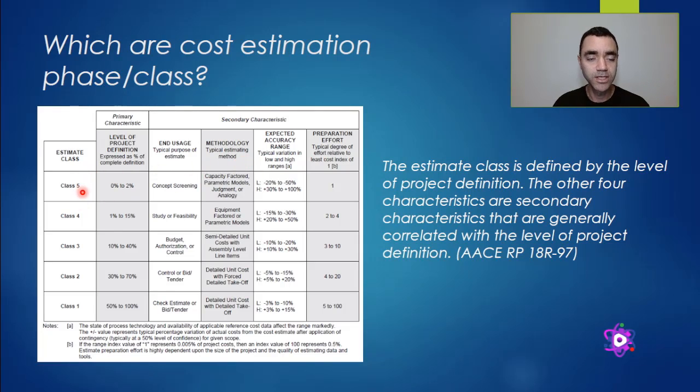So if I consider that I am in the concept screening, not too much of the project is defined. In fact, eventually there is no project yet, it's just verifications and studies. The amount of money expended can vary from minus 50% of the cost estimation up to 100% more.